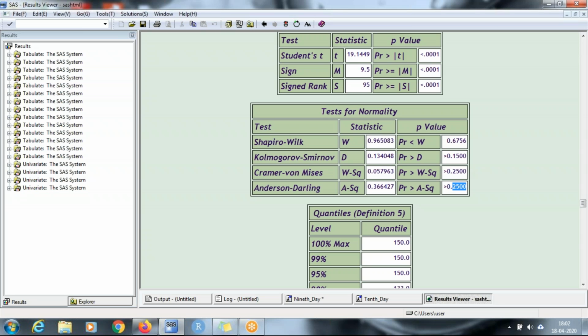So Satakshi, Soham said that if the p-value is greater than 0.05, we will accept the null hypothesis. Do you agree with this statement or not?